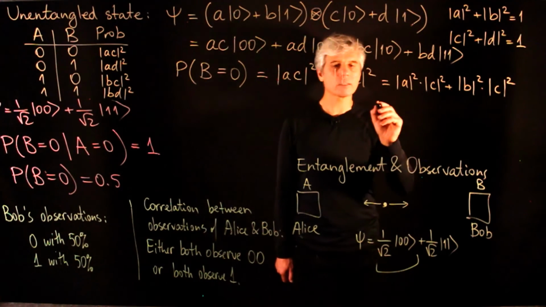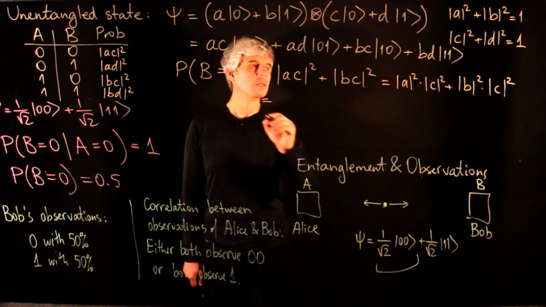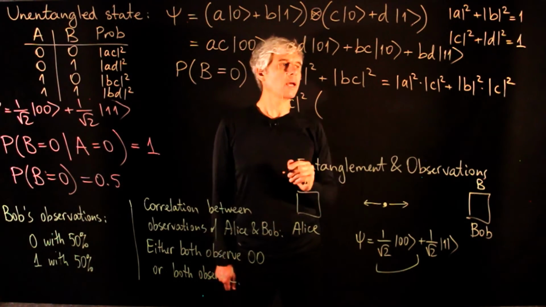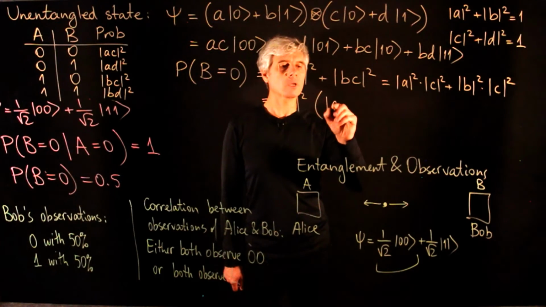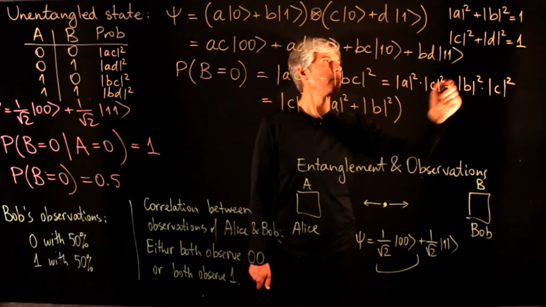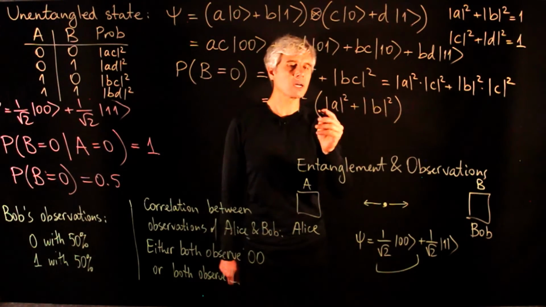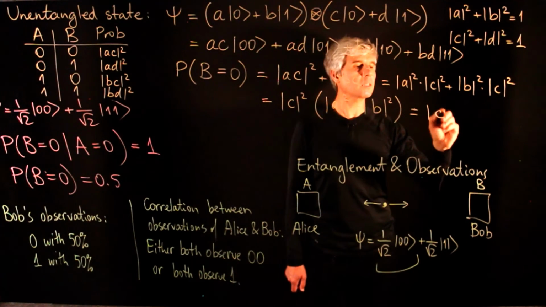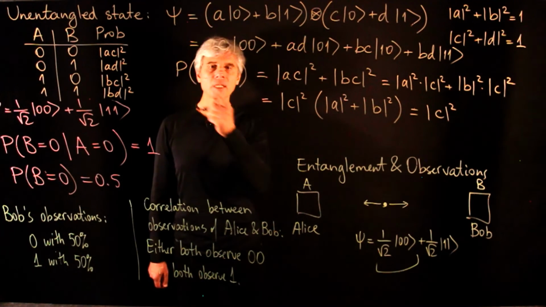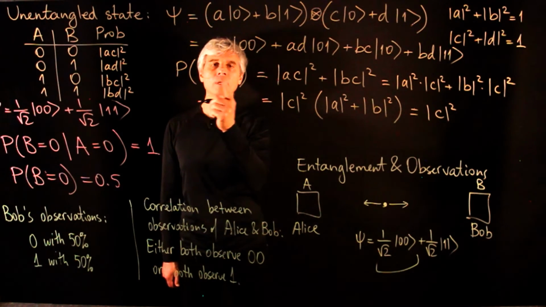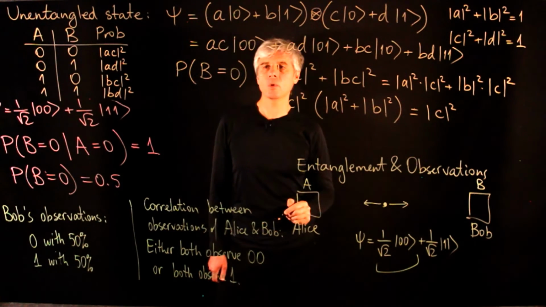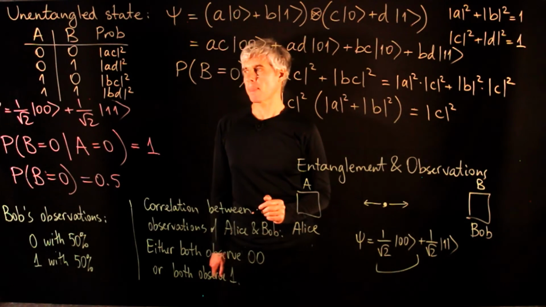And we can factor out norm of C squared. And so here we get norm of A squared plus norm of B squared. But because of our normalization, this factor is equal to 1. And so what we get is that this is equal to norm of C squared. So the probability that Bob will observe 0 is norm of C squared.